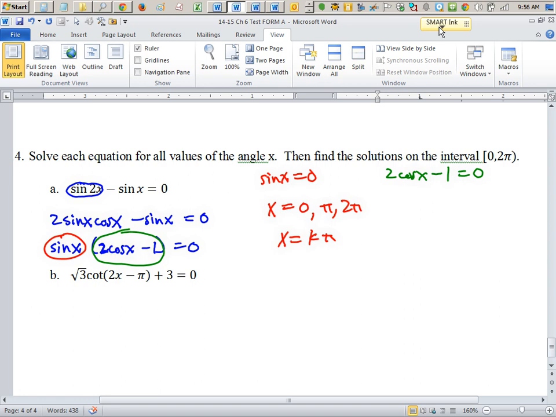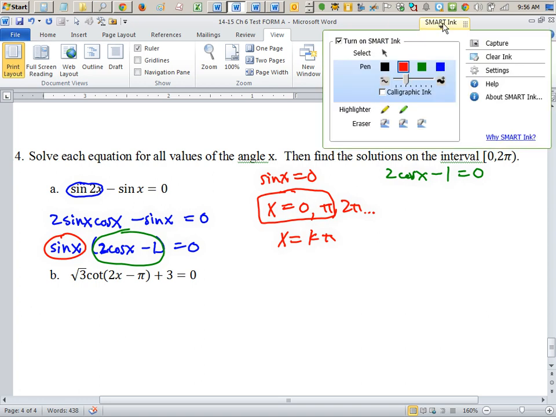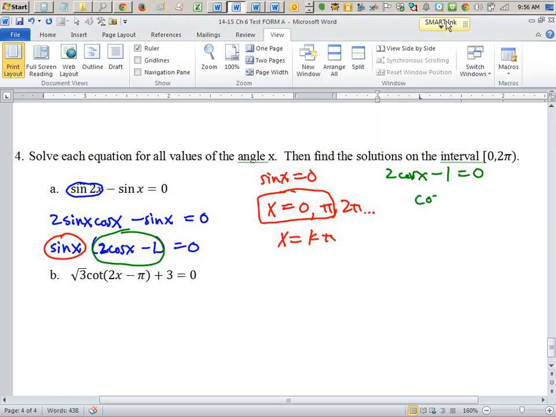We're just solving between 0 and 2 pi, so we'll just keep just 0 and pi. And then the other one is saying that cosine is a half, basically. So cosine of x is a half, which conjures up angles like pi over 3 has that feature. 5 pi over 3 has that feature. See? And others too, but we're just doing the ones between 0 and 2 pi.